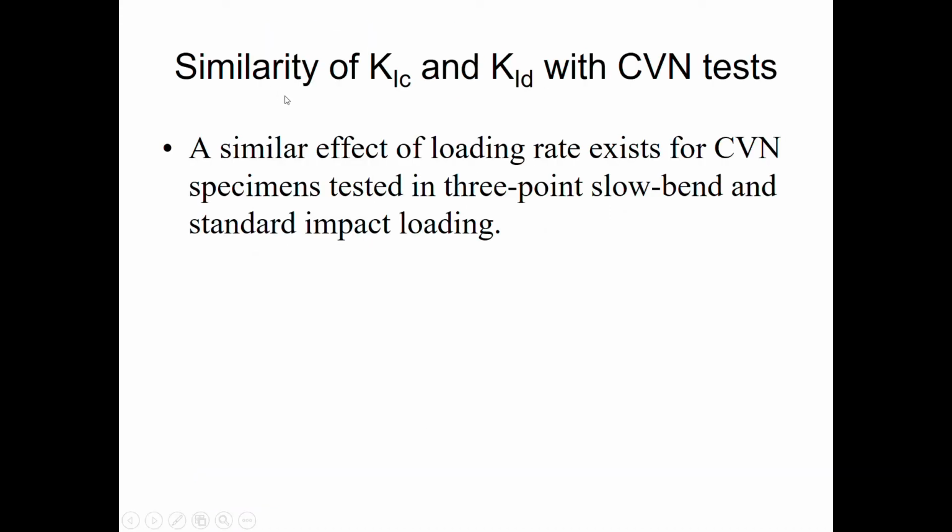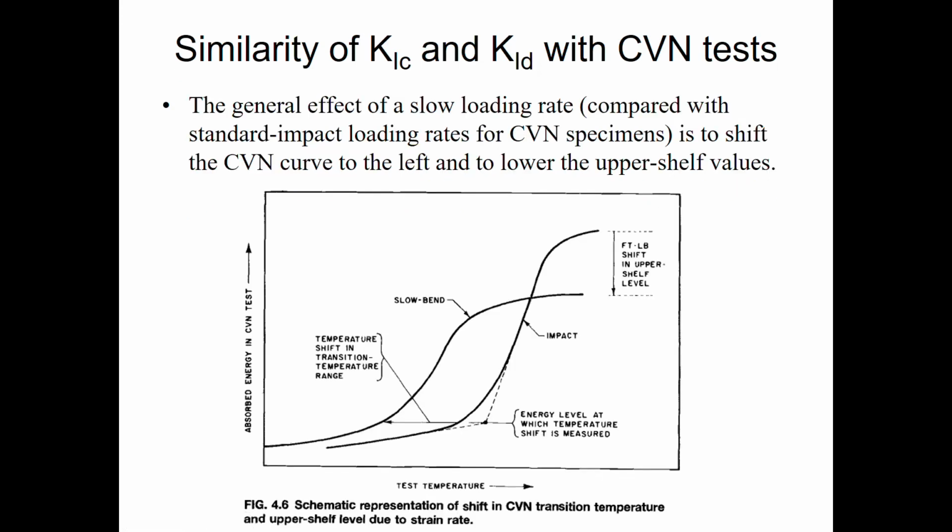So the similarity of K1C and K1D with the CVN test. CVN is the Charpy V-notch test. A similar effect of loading rate exists for CVN specimens tested in three-point slow bend and standard impact loading. Okay, this is the similarity of K1C and K1D with CVN tests.